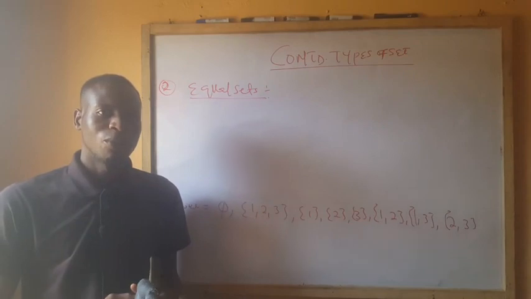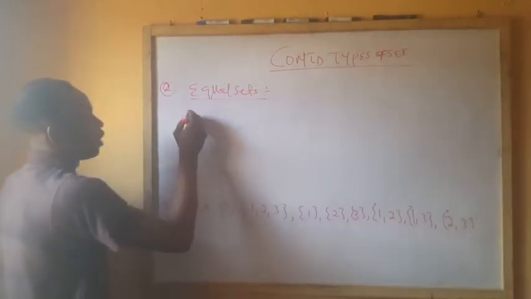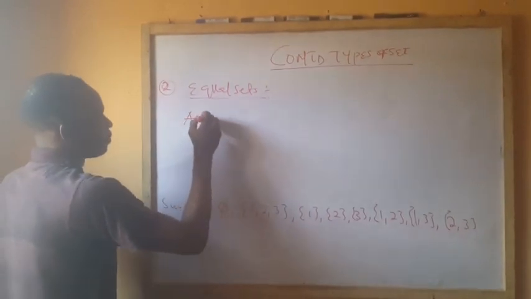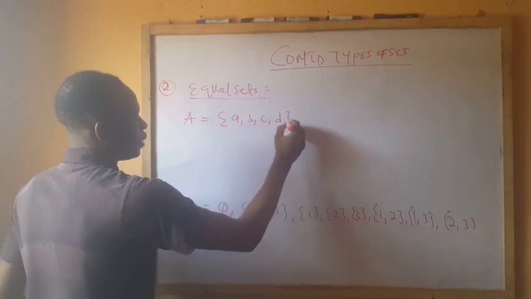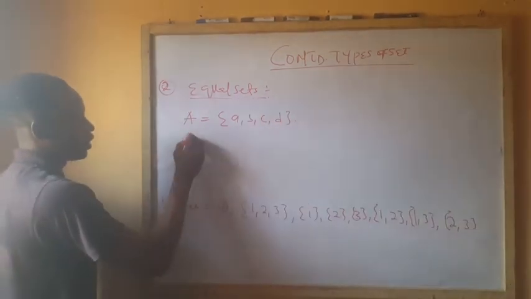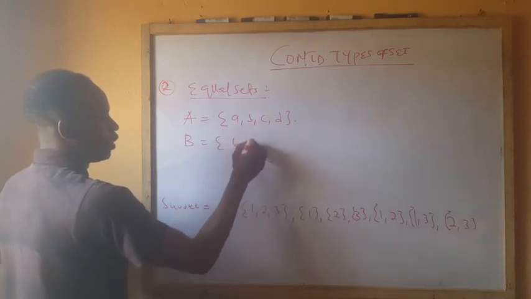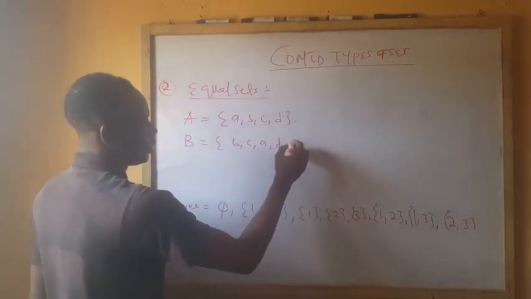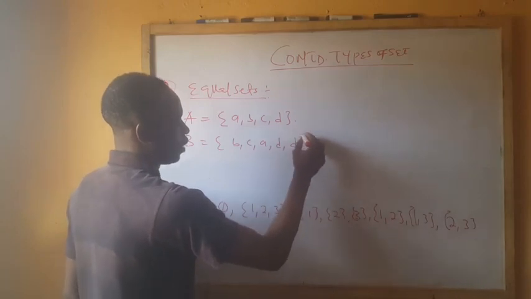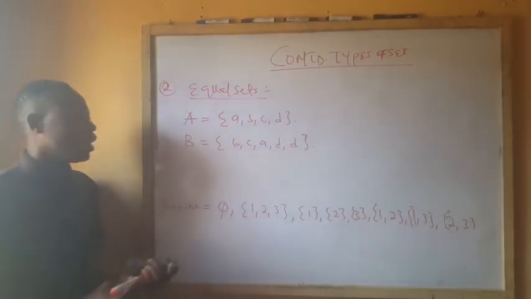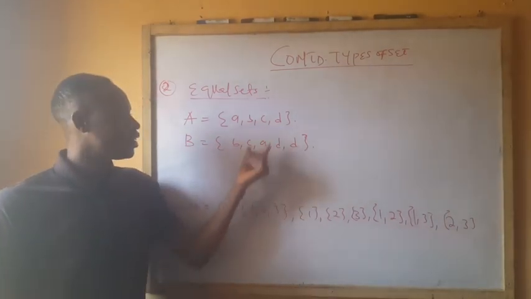The sense is that when you have A, B, C, and D, and you have another set B, C, A, D, D. Okay, let's leave it like that. Irrespective of whether you arrange this or you don't arrange this, it's still the same thing as this.